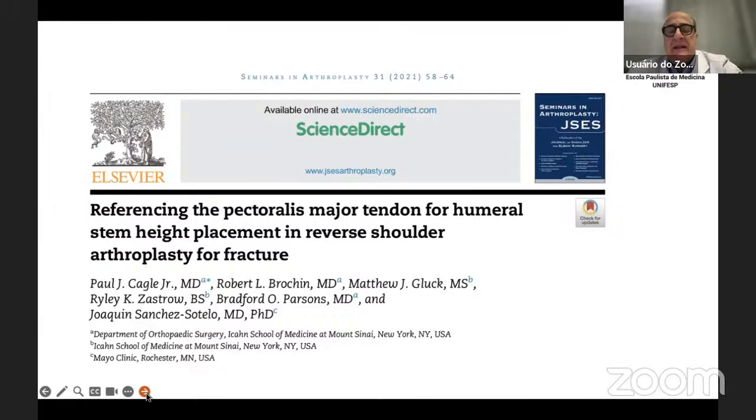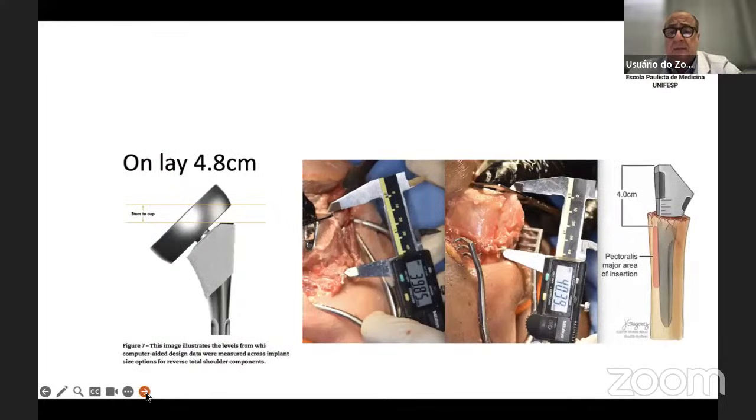More recently, there are some papers. This is one from Dr. Joaquin Sanchez-Sotelo from Mayo Clinic, making all these measures again using an onlay prosthesis for shoulder fracture. He made the measures in 20 shoulders of cadavers that can guide using this specific kind of prosthesis that is made by Stryker.